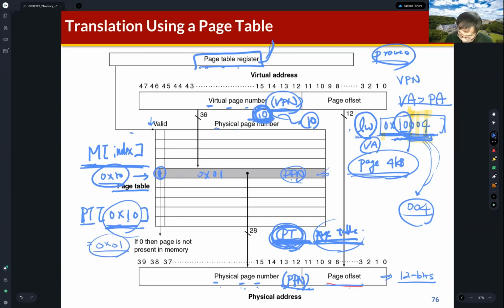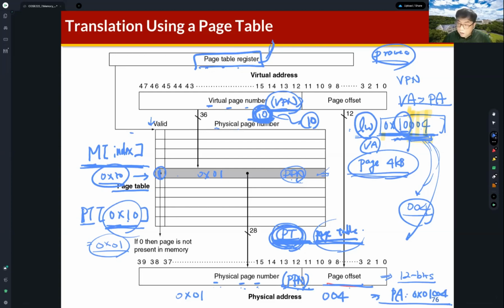The page offset is just copied to the physical address, so it becomes 004. The physical address becomes 0x01004 in this example.